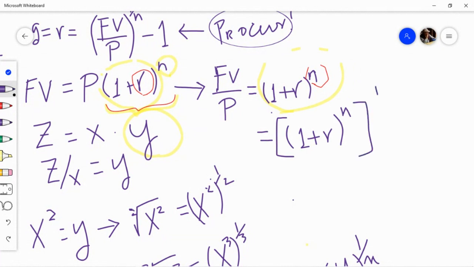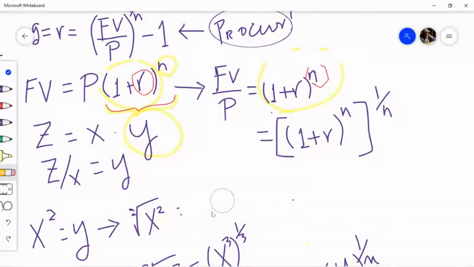If you take the nth radical, that means this thing raised to 1 over n. Isn't that right? Then when you raise it to 1 over n, to the right hand side, you need to do the same thing to the left hand side. Isn't that right?